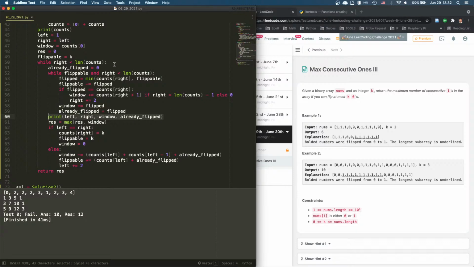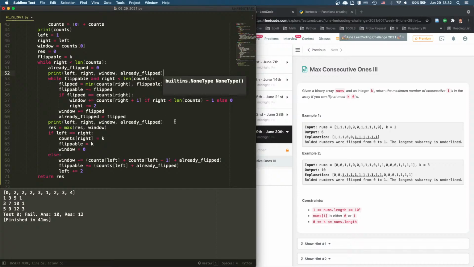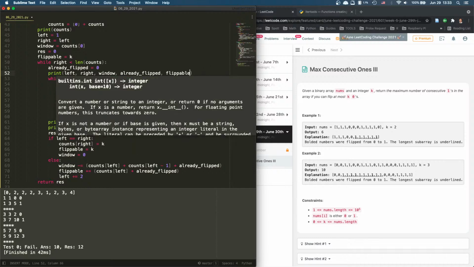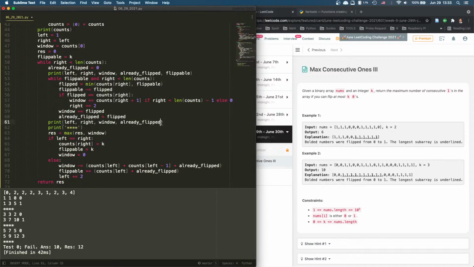Let's print both at the beginning and then at the end, and then we're going to print a separator, right? So at the beginning, we say we have 3, 3, yeah. Window is 2, already flipped is 0, right? Flippable. We'll also need to print flippable, already flipped and flippable. And here is the same.